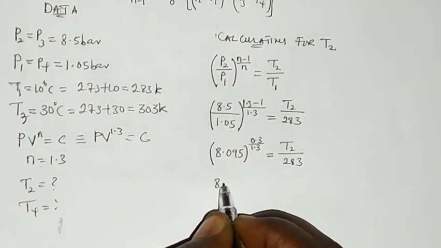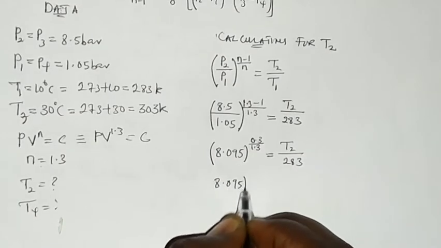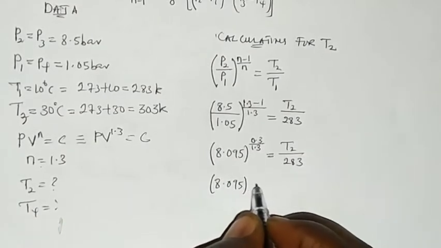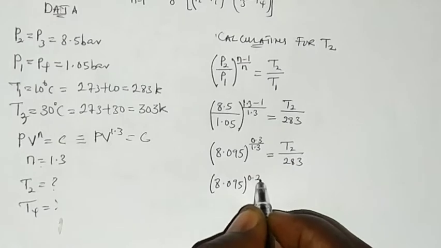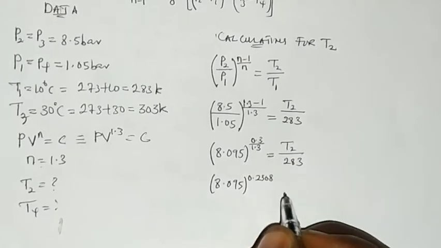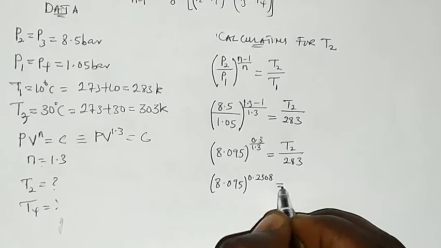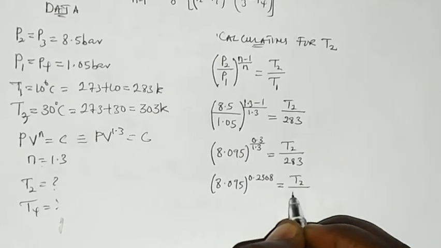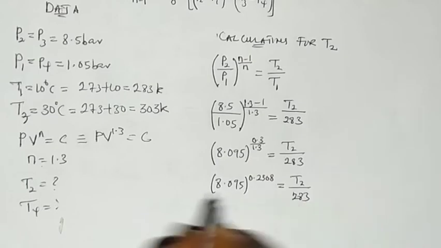So I'll have 8.095 raised to the power of 0.2308 equals T2 over 283.